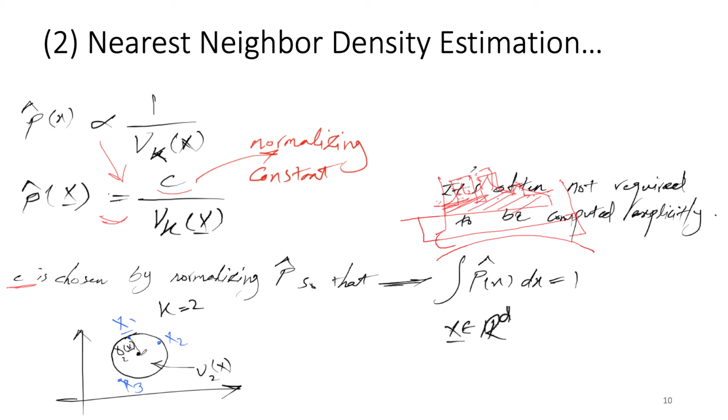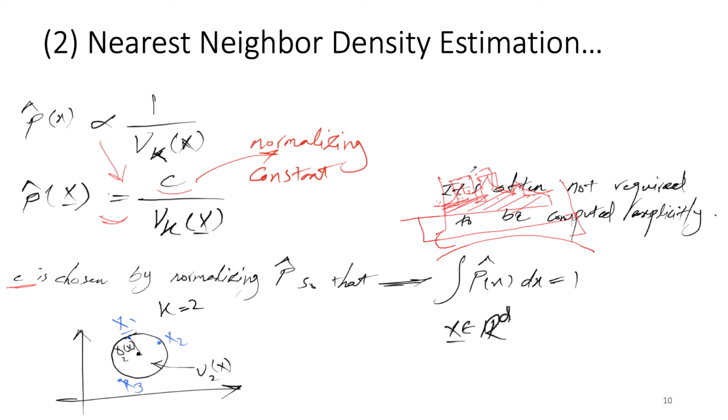You're here, you find your two closest neighbors, which are x1 and x2, and you draw this circle, or sphere in the higher dimension, and that would be the radius, and the volume is going to be the volume of that circle or sphere. Okay?